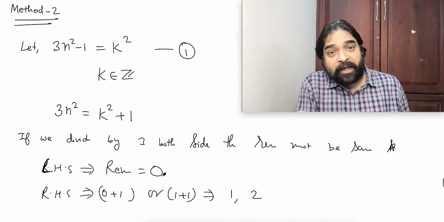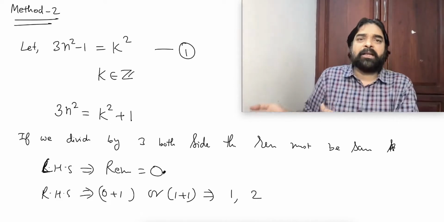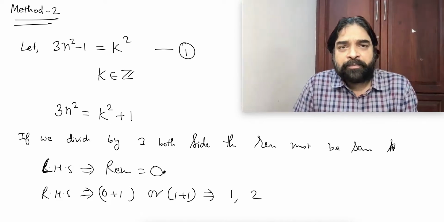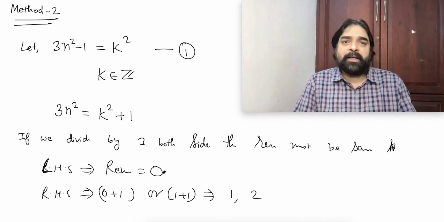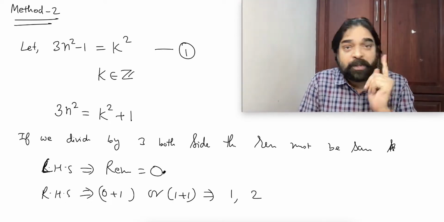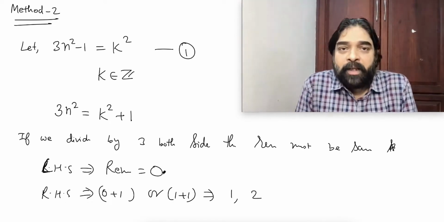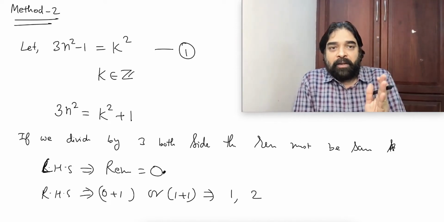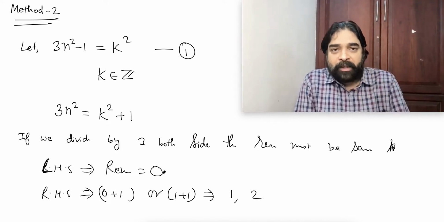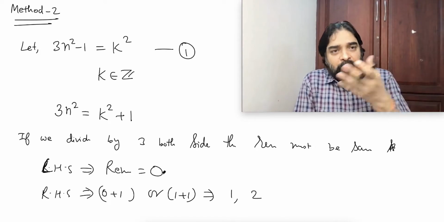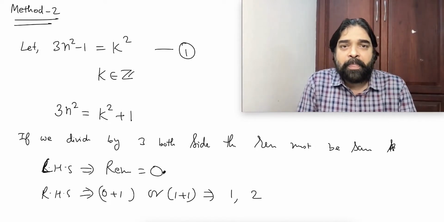And the left side remainder is 0. How is it possible that the left side remainder equals the right side remainder? If the remainders are not the same, then 100% those two numbers are not the same. If two numbers are equal and you divide by the same 3 or 4 or 5, their remainders on both sides should be the same.